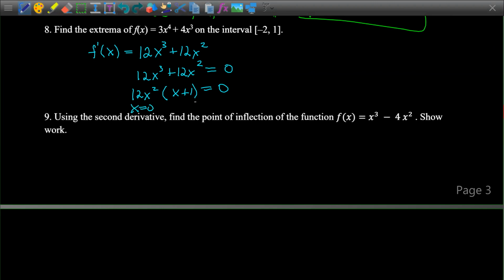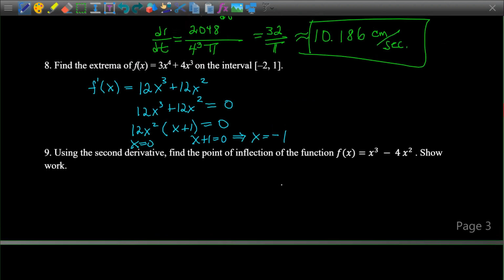And if you set the second one to 0, then x is -1. All right, so we have 2 critical numbers, and we also have 2 endpoints.